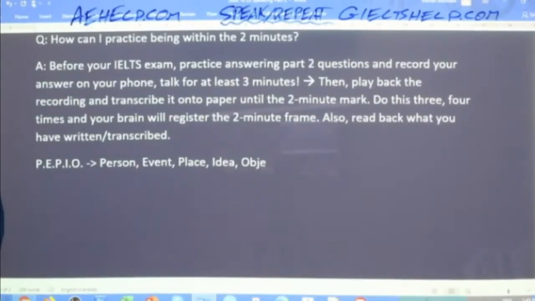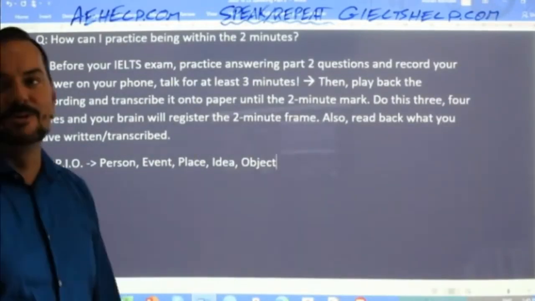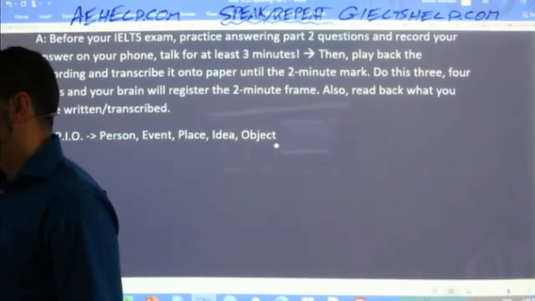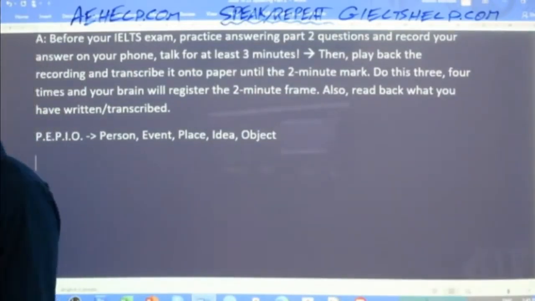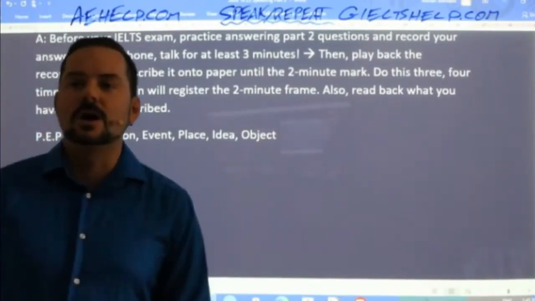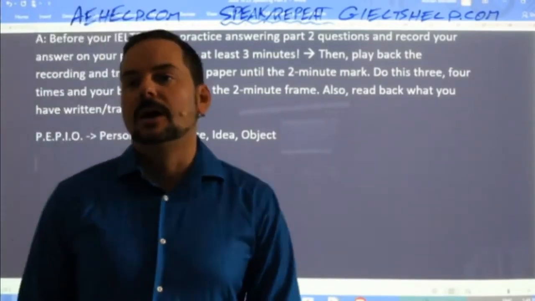So it's going to be one of these or a combination of these, and the acronym here is PEPIO. All right, thank you, Sammy, for introducing that mnemonic acronym.